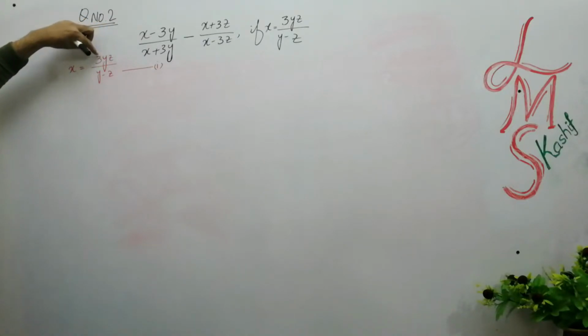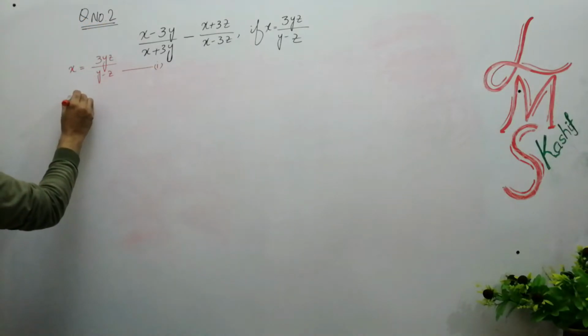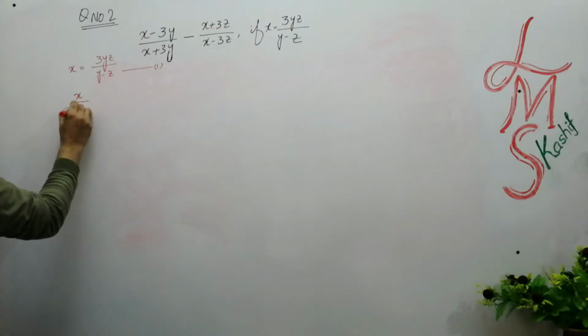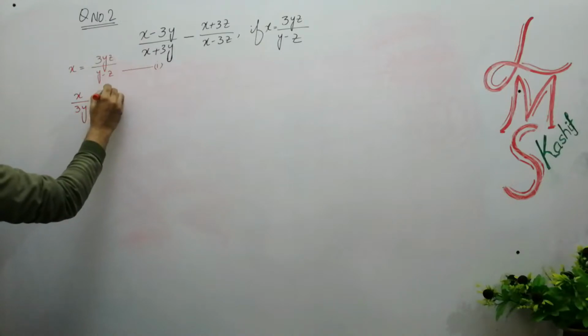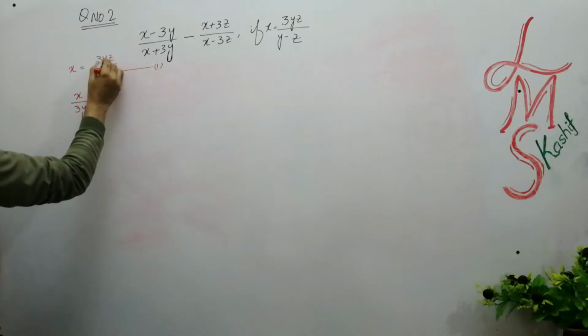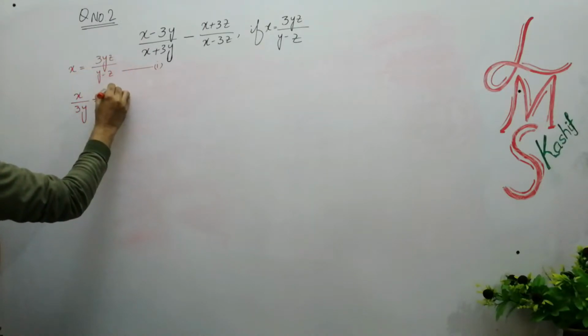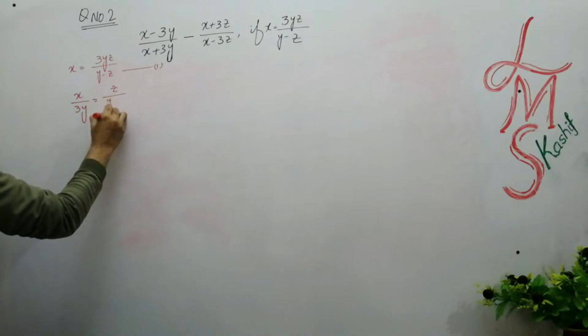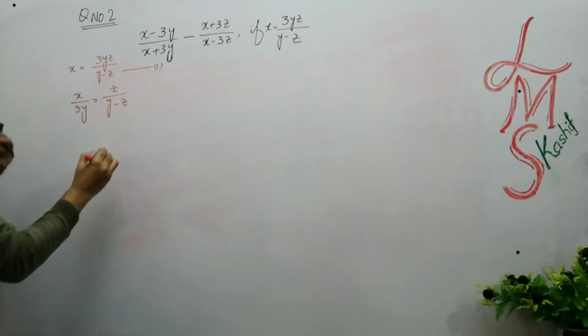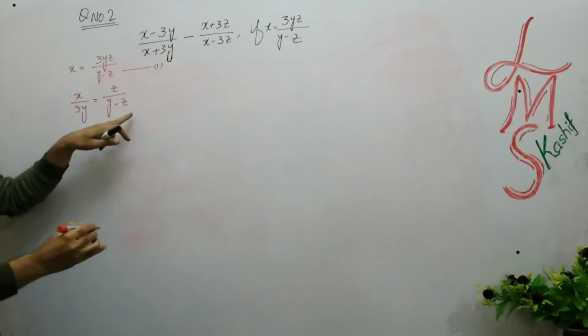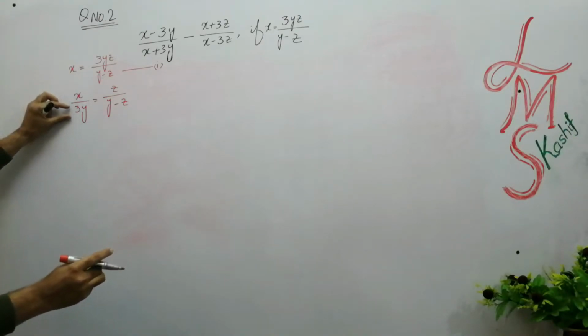We will move 3y on the other side of the equation, so it will come in the reciprocal. X is equal to 3y over, so when we move 3y here, only z is left here, so y minus z. Clear? Why we move 3y?